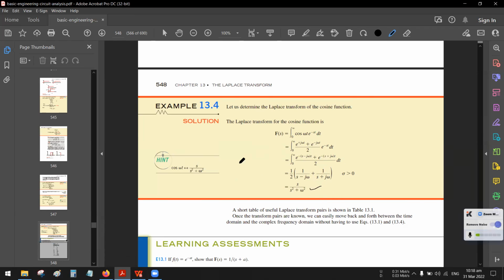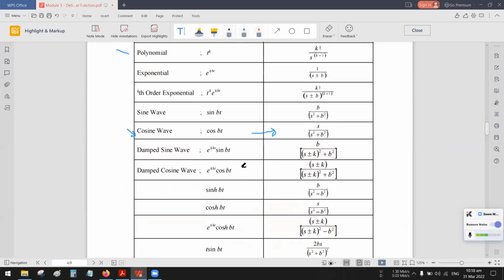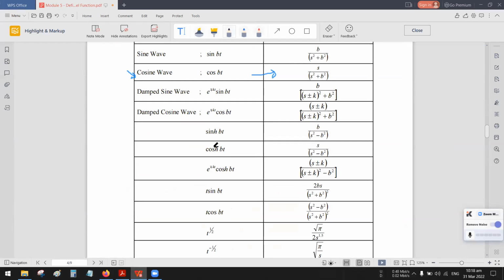Yeah. So this is in a cosine function. For other equivalent mo sa table, this still applies, no? In evaluating some circuits, transient circuits natin.